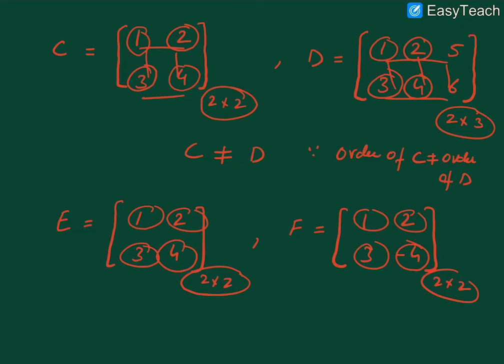So the corresponding elements of E are not equal to the corresponding elements of F. All elements should be same, then it will be equal. If any one element is not same, then we will say these two are not equal.